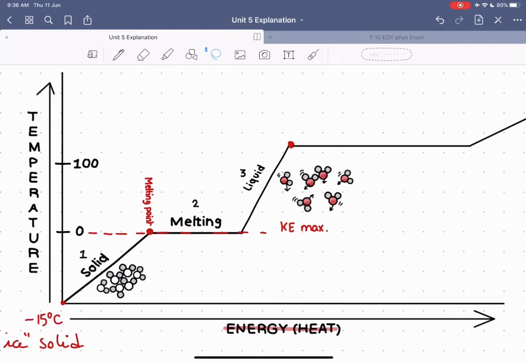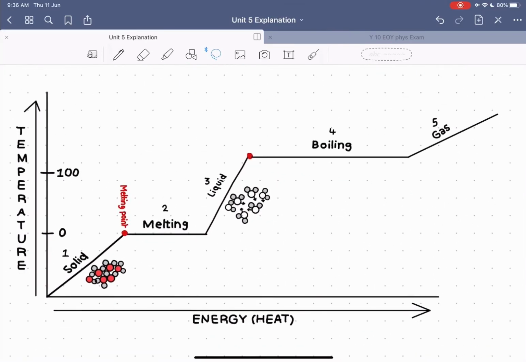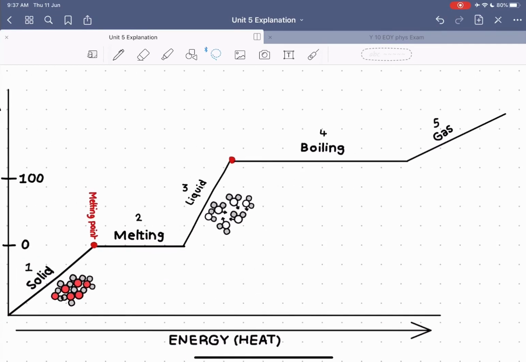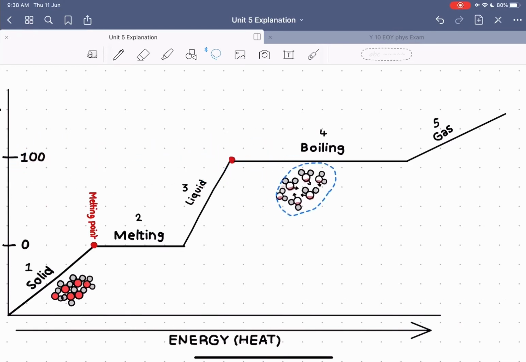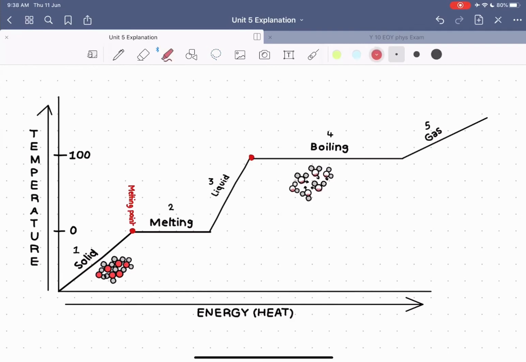Now the second phase, boiling, follows the same concept as melting. Now that the whole solid has turned into liquid, the molecules keep absorbing heat and increasing temperature until they reach the boiling point, which is 100 degrees Celsius. What will happen during this phase? Once again, the temperature will not increase anymore.